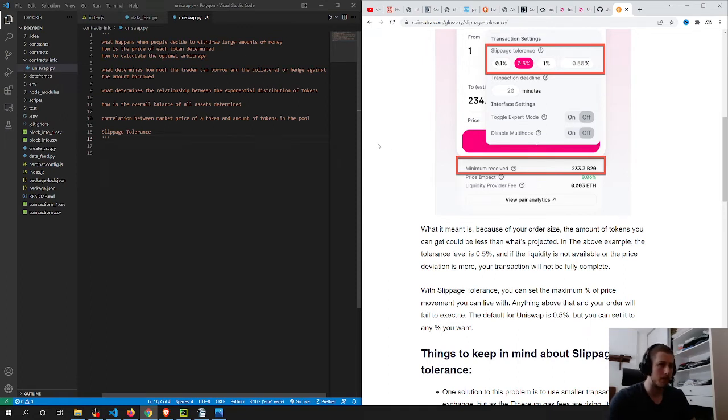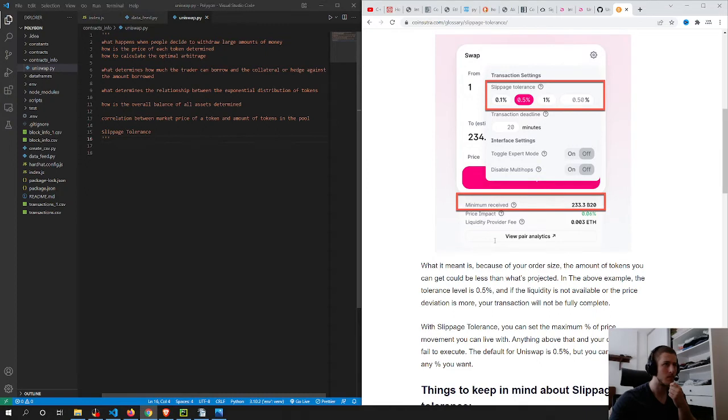What it meant is, because of your order size, the amount of tokens you can get could be less than what's projected. So let me think about this.